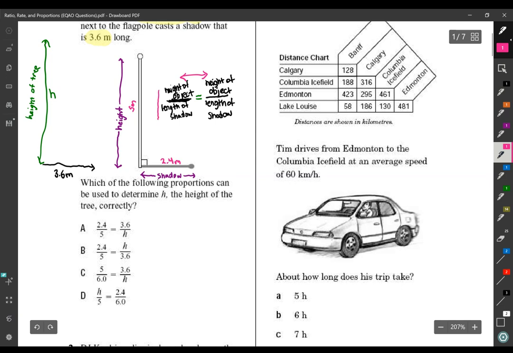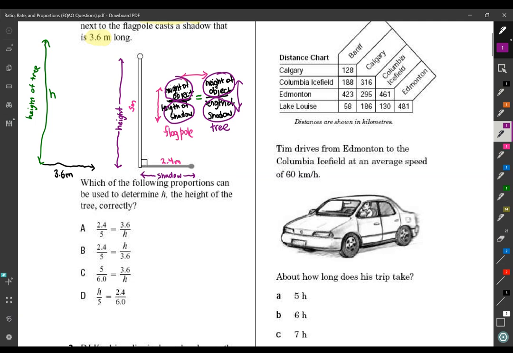So on one side of the ratio, I'm only talking about the flagpole, and on the other side of the ratio, I'm only talking about the tree. We can't get our numbers mixed up because there are 4 places that we can put our numbers: 1, 2, 3, 4. And we have to make sure we put them in the correct position.